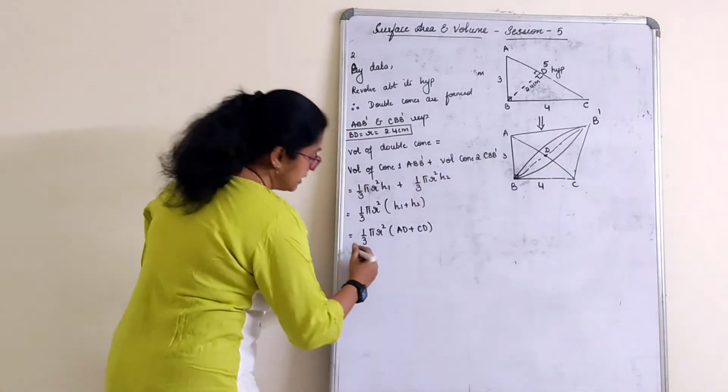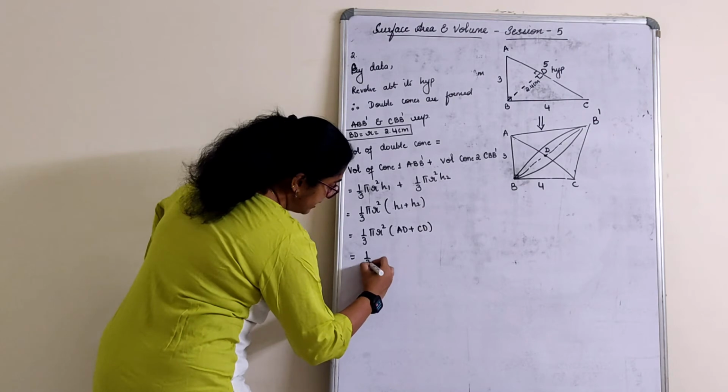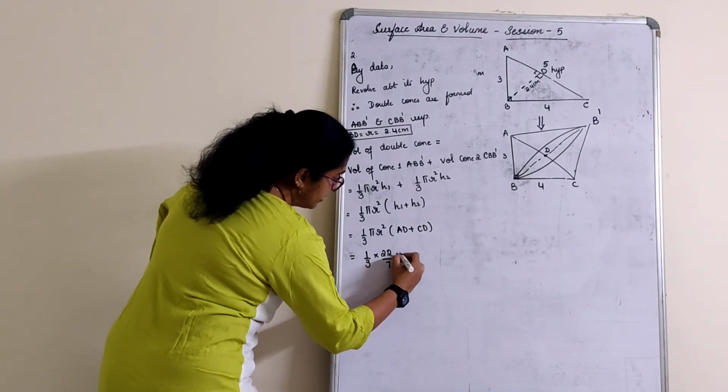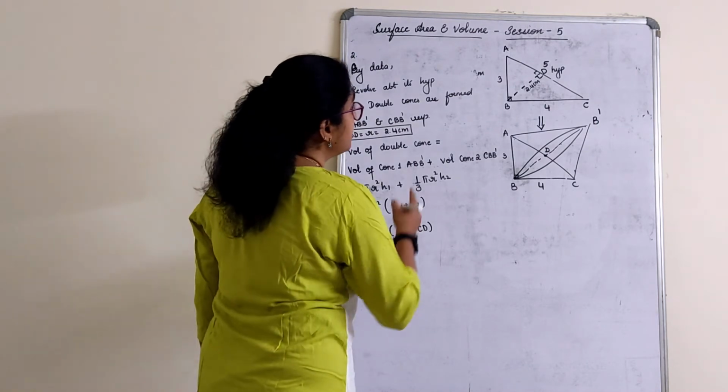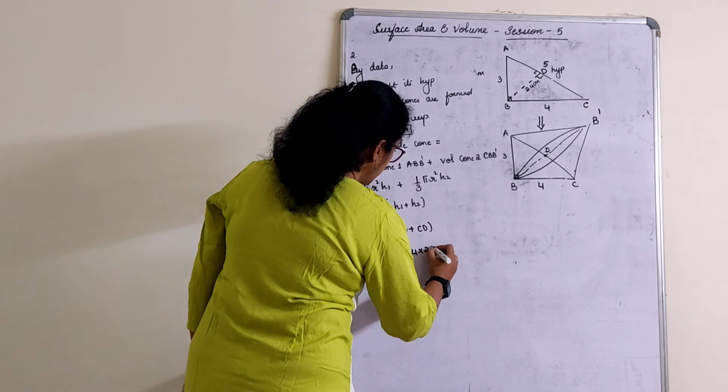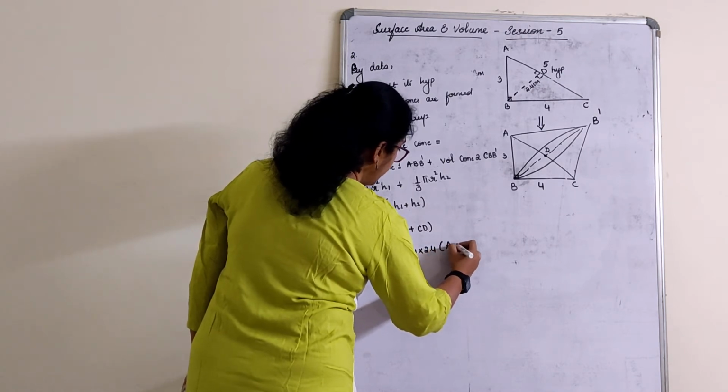What is AD plus CD? 1 by 3 pi is 22 by 7 into r square, where r square is 2.4 into 2.4, into AC.